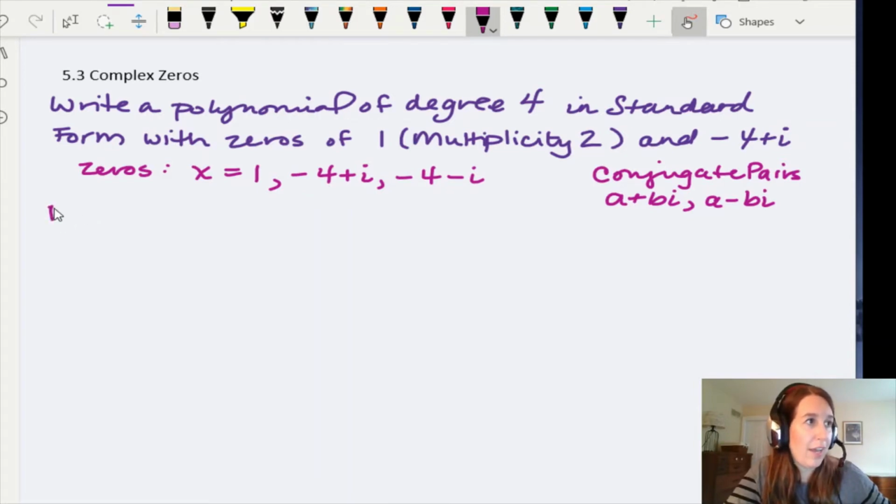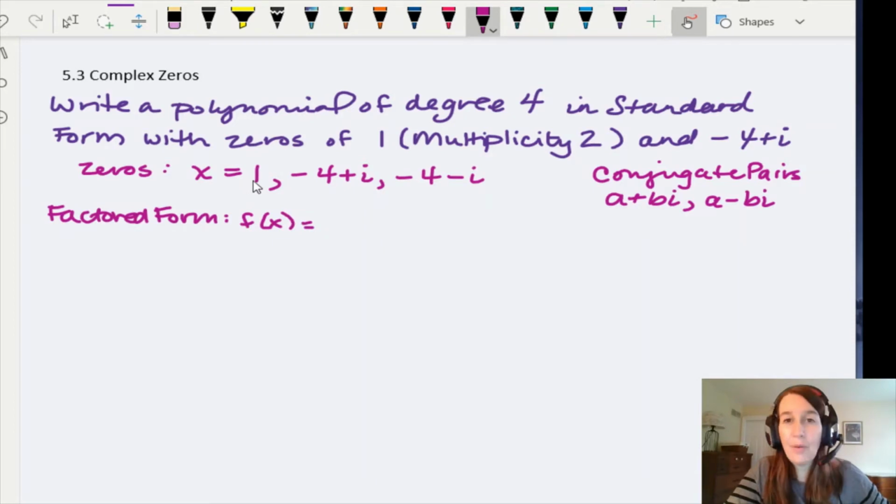So in factored form, we have f of x, for example, and then our first zero is 1, so that's x minus 1. And it did say multiplicity 2, so as we learned before, that means that factor is squared, x minus 1 squared.